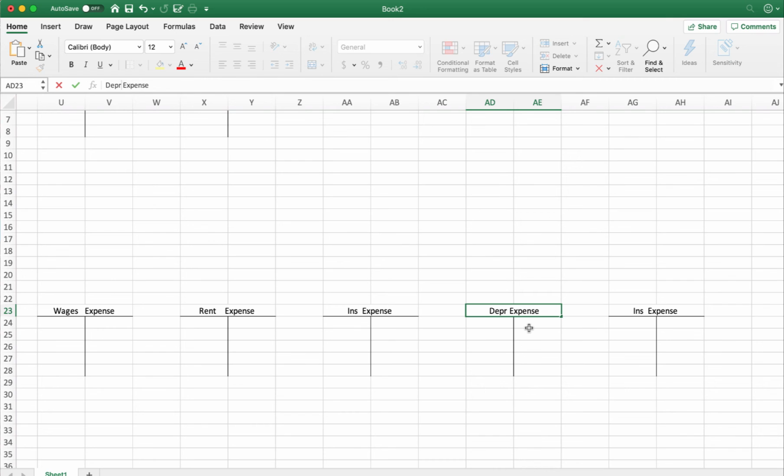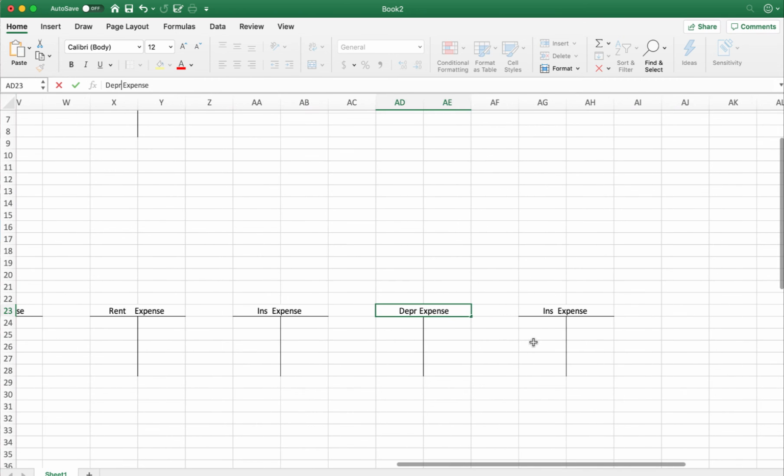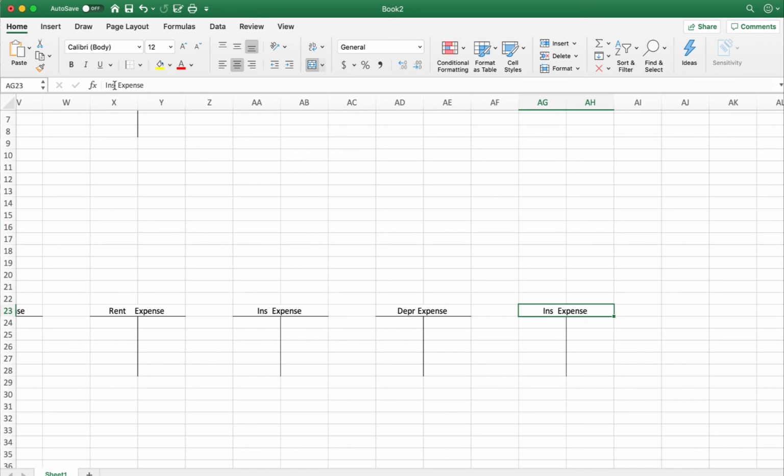If we have a building, we'll see accumulated depreciation building, accumulated depreciation equipment. Let's say we have a shed that we buy. Well, that's an asset. We need to list it on our books. Again, shed, accumulated depreciation shed. But the depreciation expense account is always going to be the same. We're going to use the same account. And then the last one is utilities.